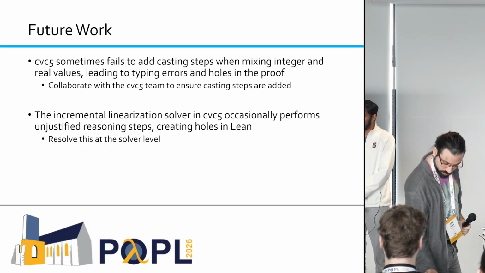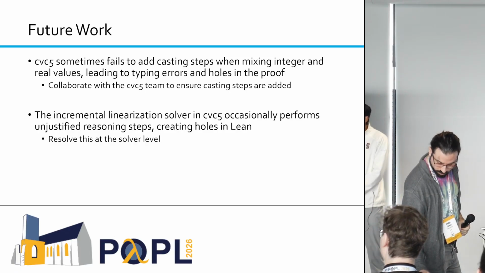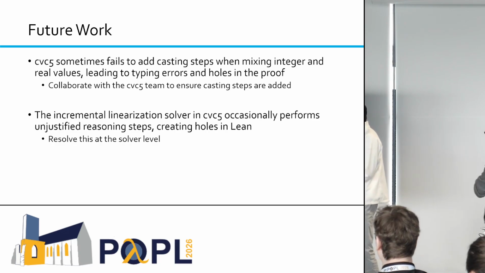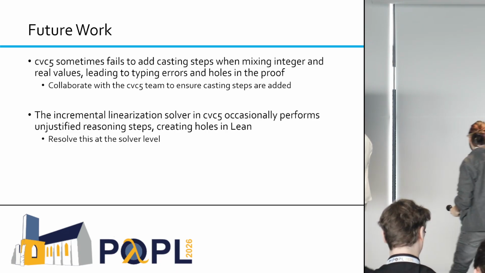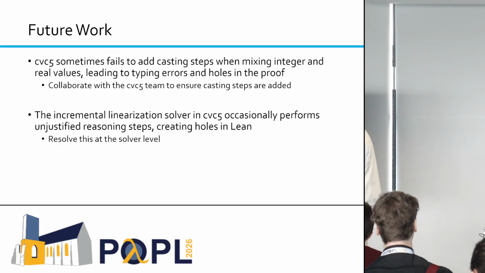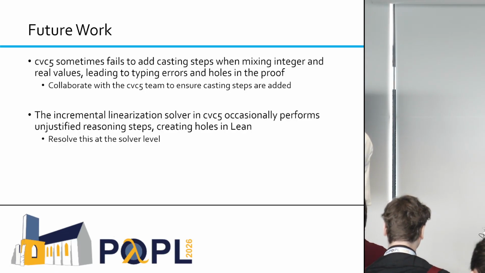Your problem of missing castings is because of this difference. Yeah, because there are some integer steps and there are real number steps too, and so in Lean, I guess we need casts between these types. But in CVC5, it just reasons fluidly through all of these. They're all numbers.